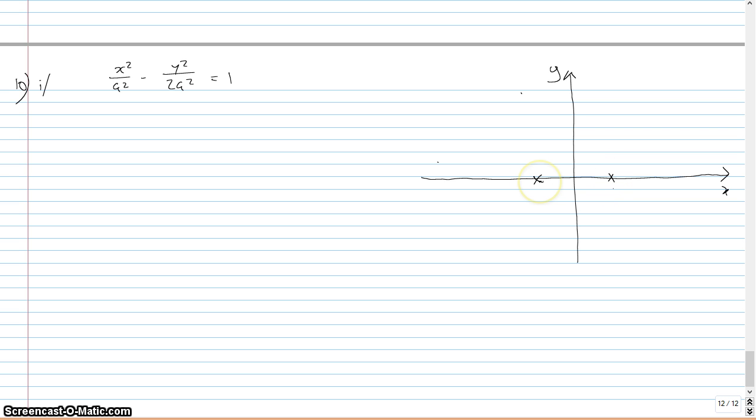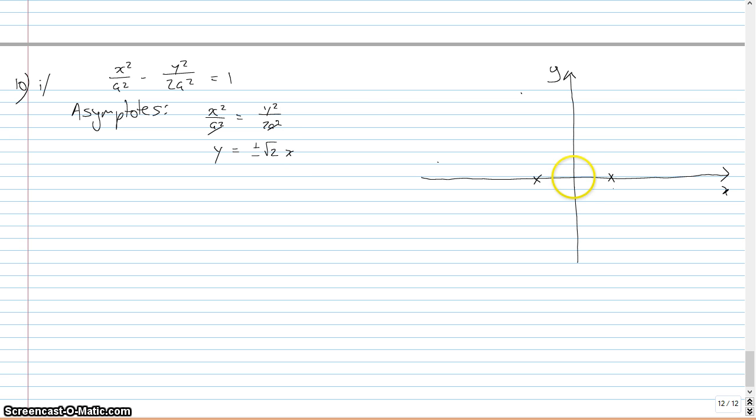And what about the asymptotes? Well, in this case, for asymptotes, we solve the equation. As x and y become very large, the 1 becomes less relevant. So we solve the equation x squared over a squared is equal to y squared over 2a squared, which simplifies quite nicely to y is equal to plus or minus root 2 times x.